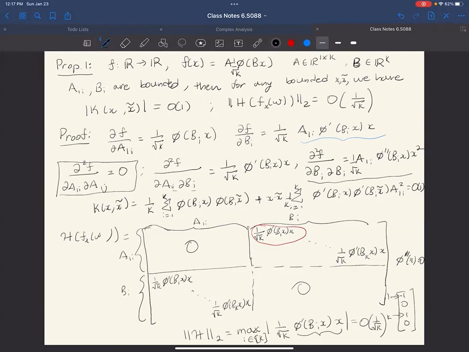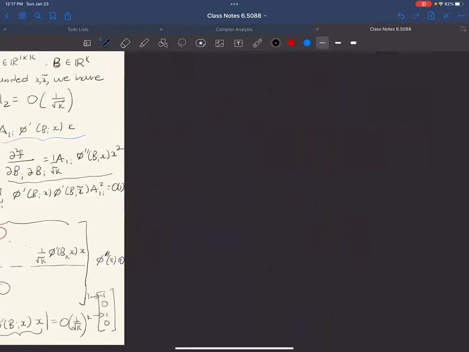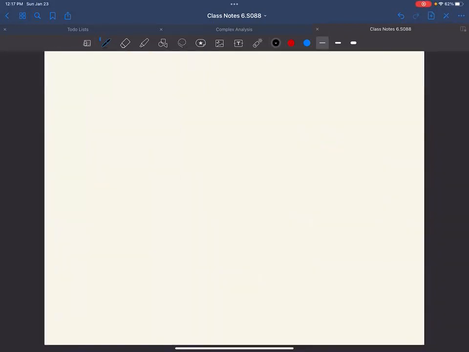Okay, and now, given all of this analysis, let's just summarize what we have so far. We've defined and computed the NTK.